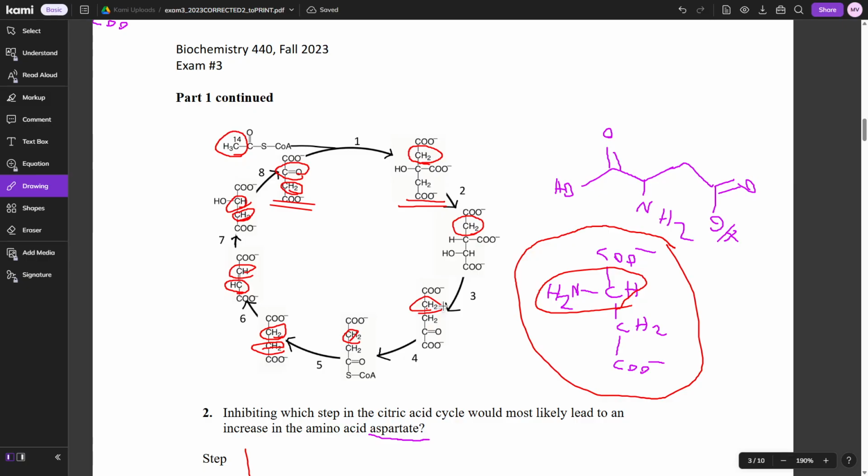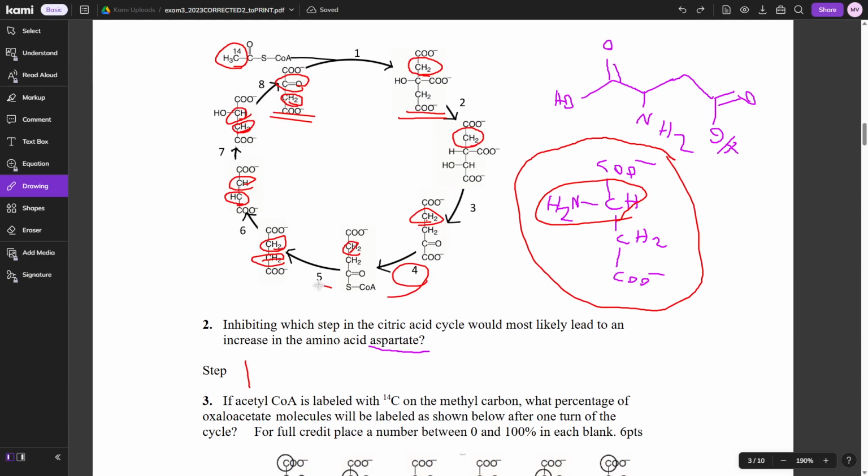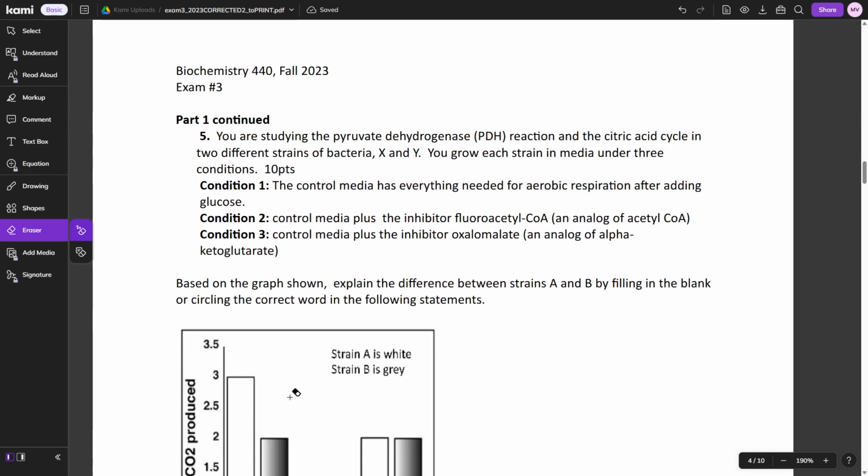Which one uses CoA? Yeah, step 4. Right, succinate CoA synthetase uses CoA. Or sorry, alpha-ketoglutarate dehydrogenase. Sorry, succinate CoA synthetase is the one next door. Thank you. Good catch. Okay.